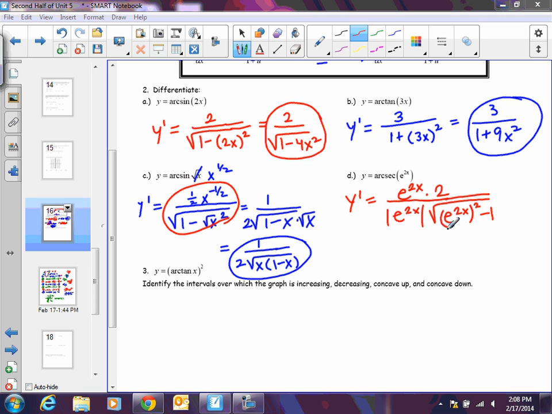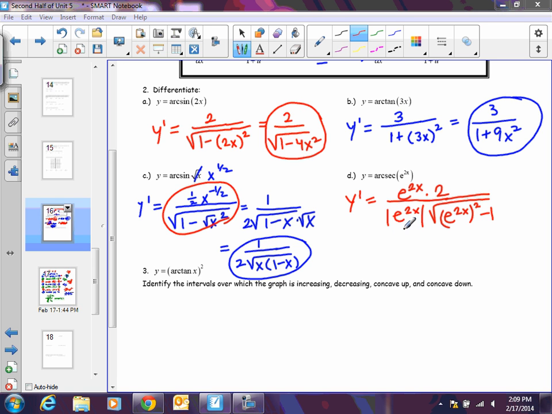First of all, you cannot just cancel these two just because one's on top and one's on bottom. That absolute value bar matters. However, if you can say for sure that these absolute value bars actually don't matter in this problem, then you can cancel. So my question is, e to the 2x, can we say that that's always positive?